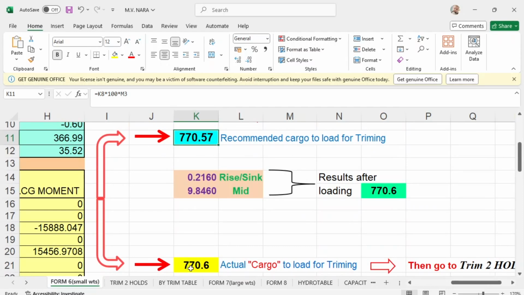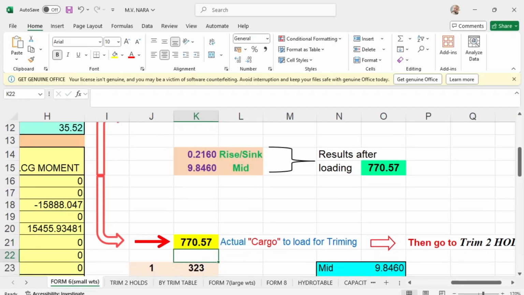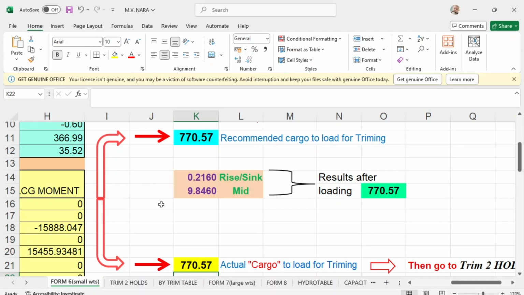Then you just write 770.57. For the sake of accuracy of computation, just follow these figures. So what happens when you load 770.57?